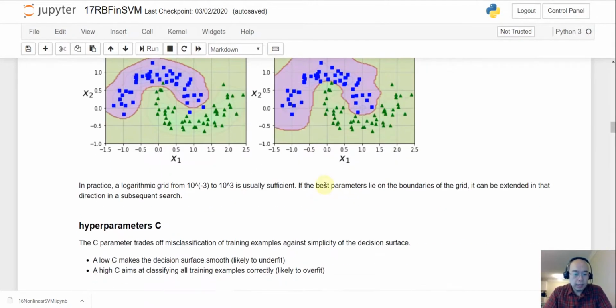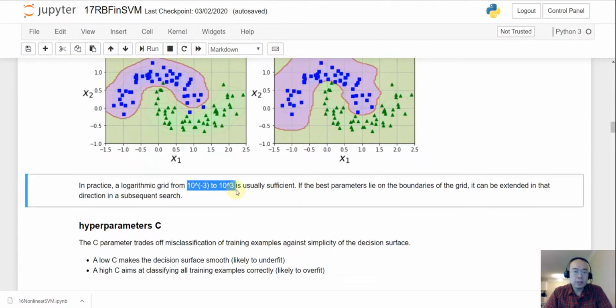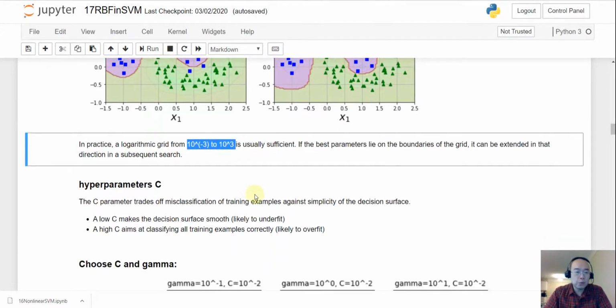So usually the general rule is, when we are doing the grid search, we'll try 10 to the power negative 3 to 10 to the power 3, and that should be a reasonable range. If you go even higher or even lower, then that is risky.